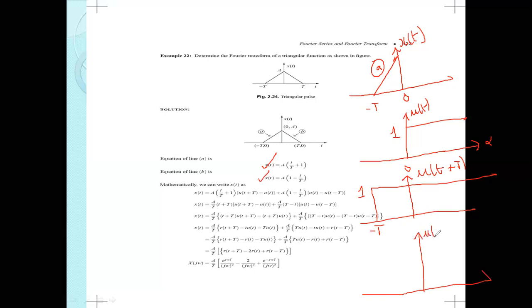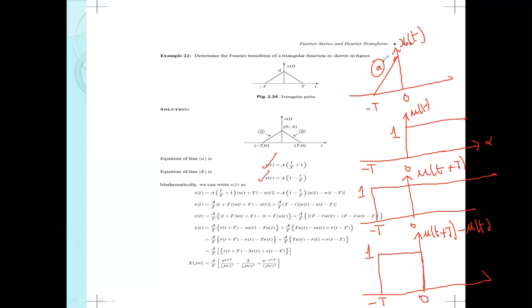That is a, mu of t plus capital T minus mu of t. So you can subtract this graphical representation mu of t from mu of t plus T. So from minus t to 0, the value here is 0 and the value here is 1. 1 minus 0 is 1 up to the minus t to 0. And 0 to infinity, and here also 0 to infinity, both the values are 1 only. 1 minus 1 is 0. Its magnitude is 1.